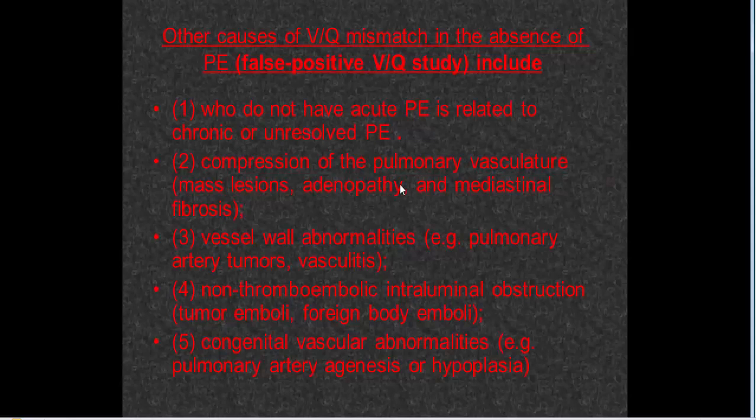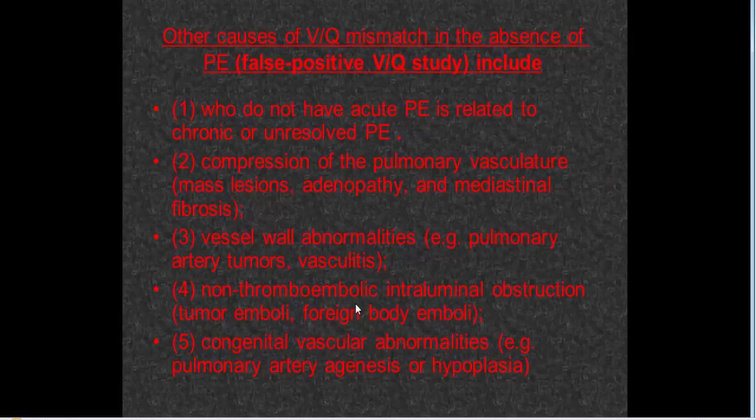Compression of the pulmonary vasculature by mass lesions, adenopathy, or mediastinal fibrosis: the vasculature is occluded not by embolism but by compression from outside. Vessel wall abnormalities, pulmonary artery tumors, and vasculitis give false positive ventilation perfusion studies, as do non-thromboembolic intraluminal obstructions like tumor emboli and foreign body emboli.